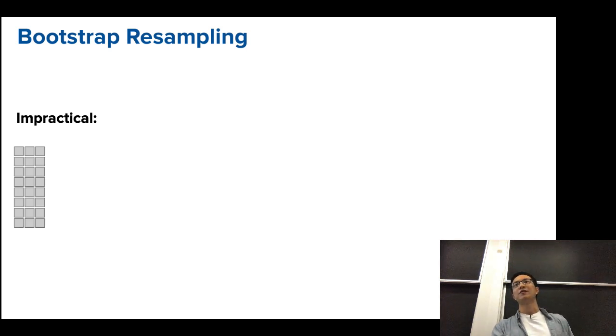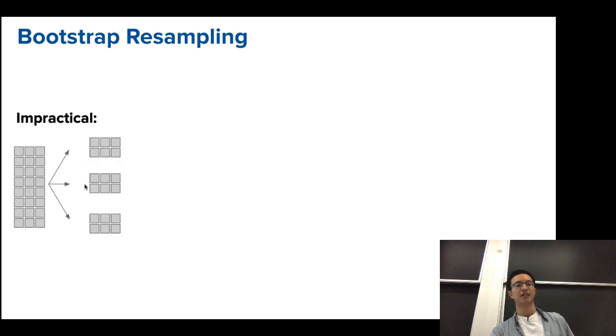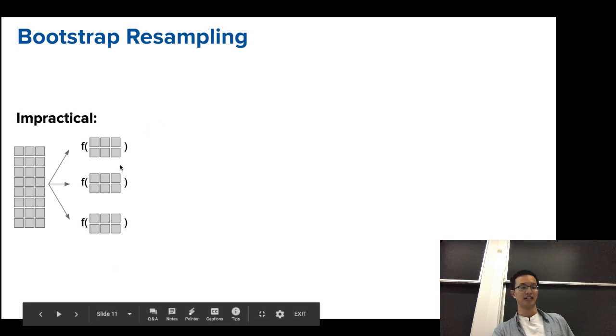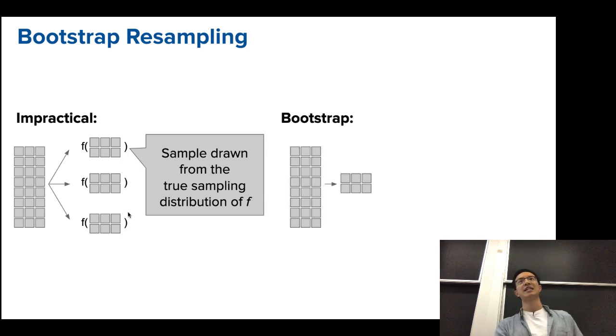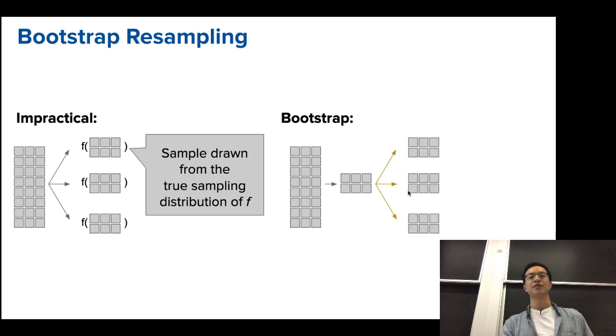So I mentioned before that what we would like to do is go to our population, take many samples, find the means of each sample, and make a confidence interval based on those means. What we'll do instead with the Bootstrap is take one sample and resample that sample to get what we call Bootstrap resamples.